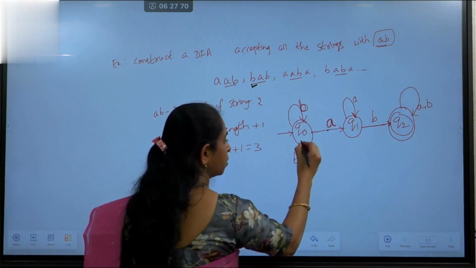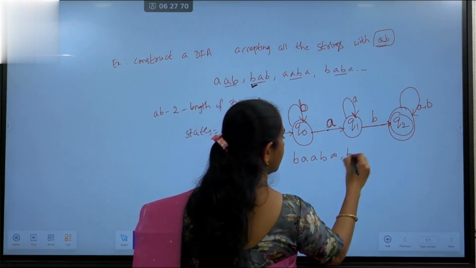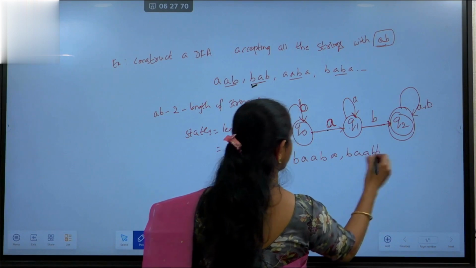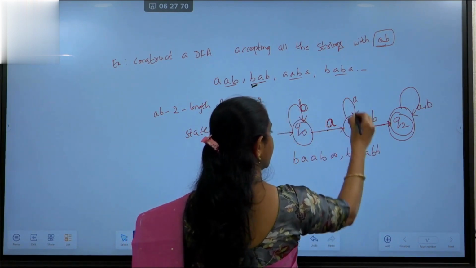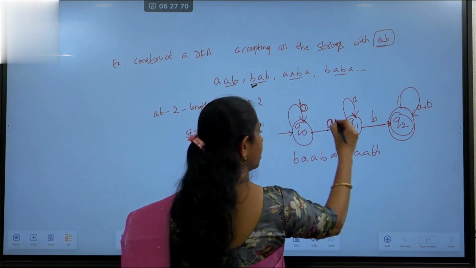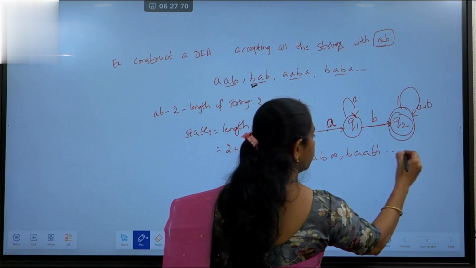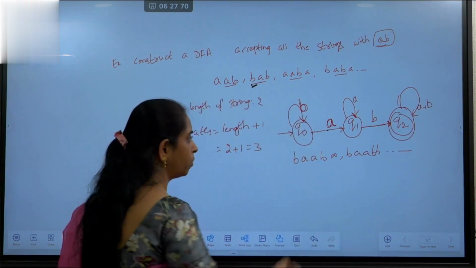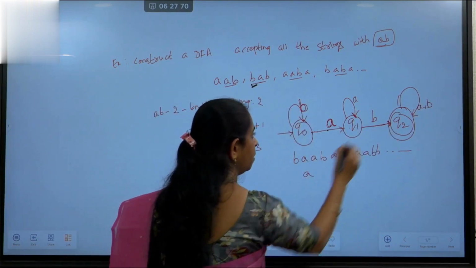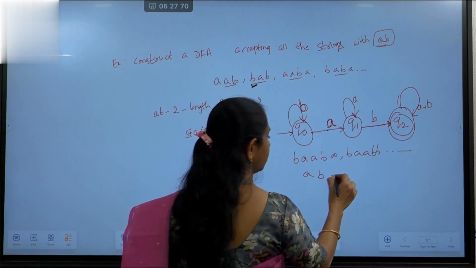We can write possible strings like BABABABB, BABA, BAB, and so on. Directly we can also write AB and so on.